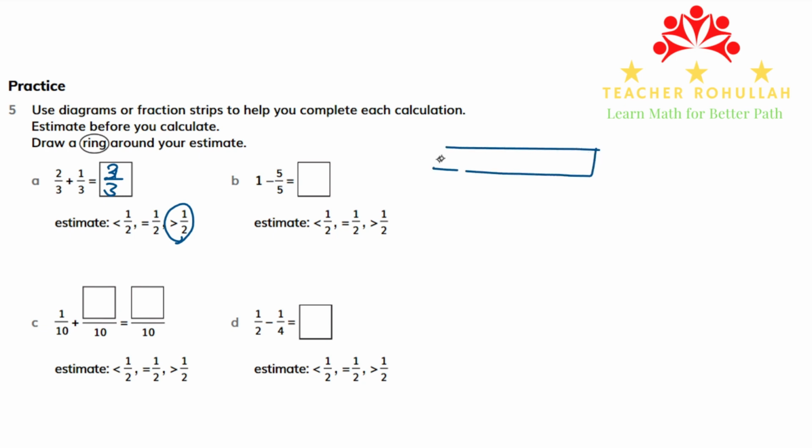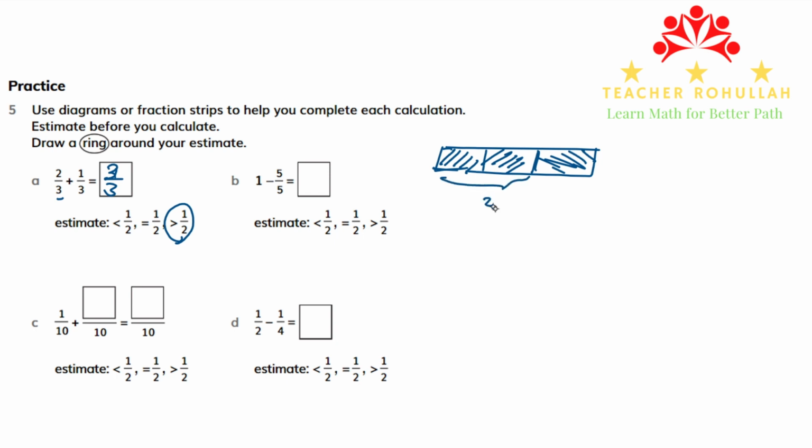If we have one whole of something, this is the whole, and we cut that into 3 equal parts because we have thirds over here. Here we have 2/3 and this one is 1/3.